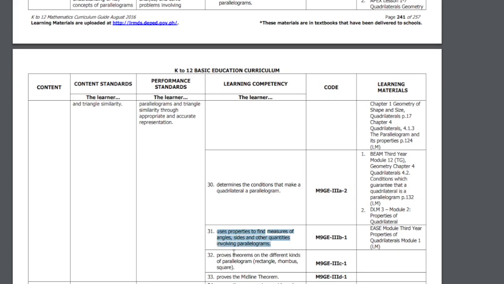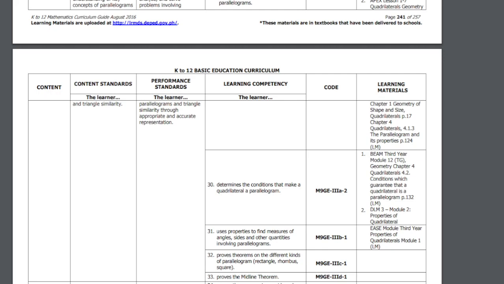Then we're going to prove some theorems. Hopefully you still remember your theorems way back in grade 8. And we're going to use them in your parallelogram, rectangle, rhombus, square. Then we're going to prove the midline theorem. I don't know why they separated this. This should be right over here in 32.